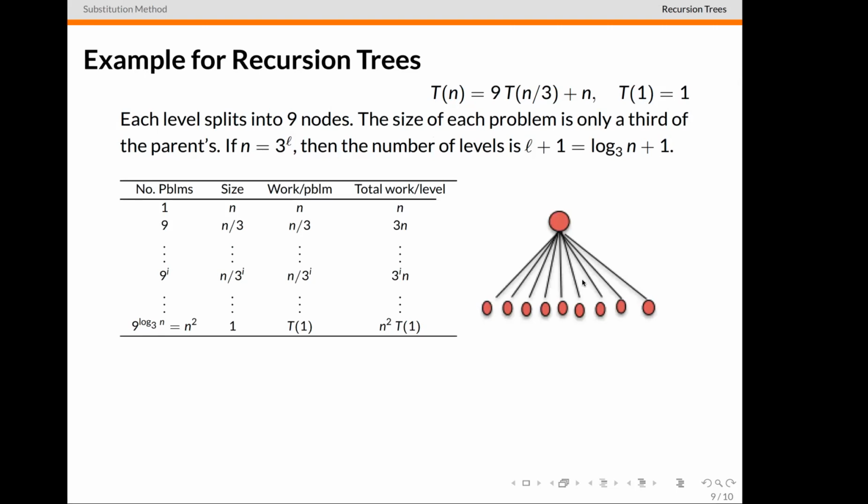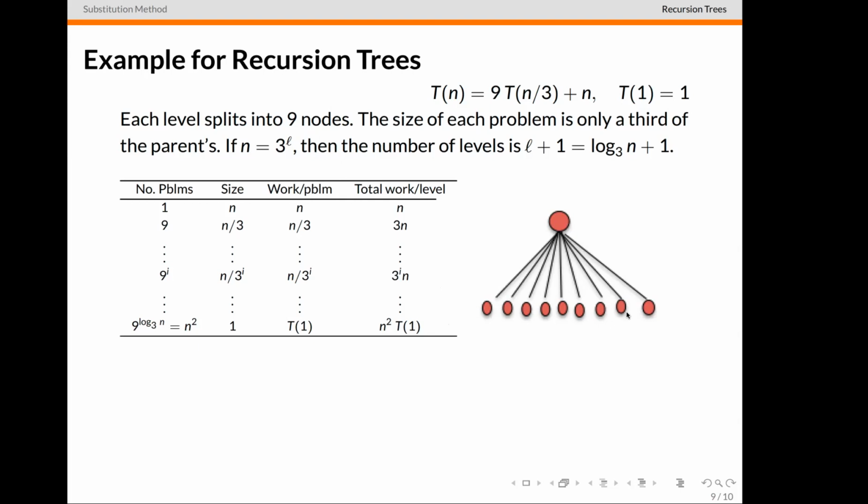I just did one split because my PowerPoint was going to look almost like a spider web. But we can write the table. And when we take a look at the number of problems here, we realize that because the number of problems is multiplying into 9 nodes, whereas the size is only dividing by 3, then at the very end, we don't end up with n problems.